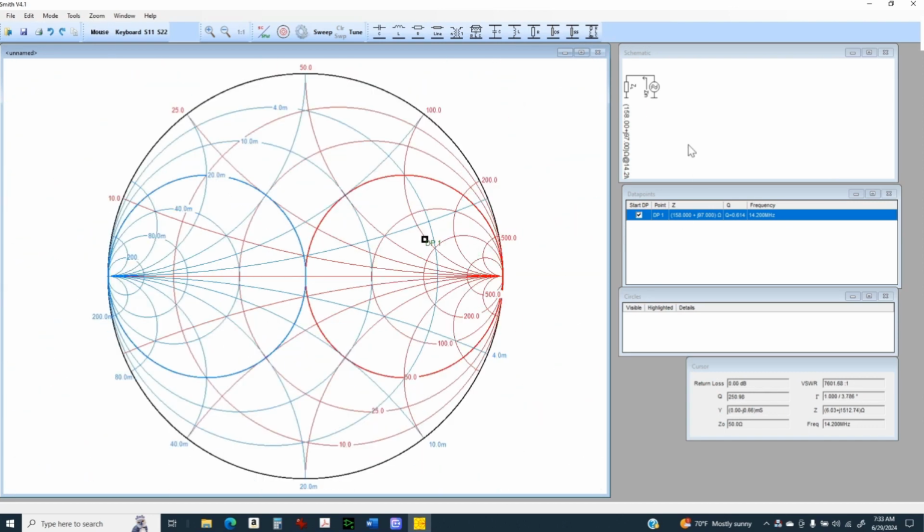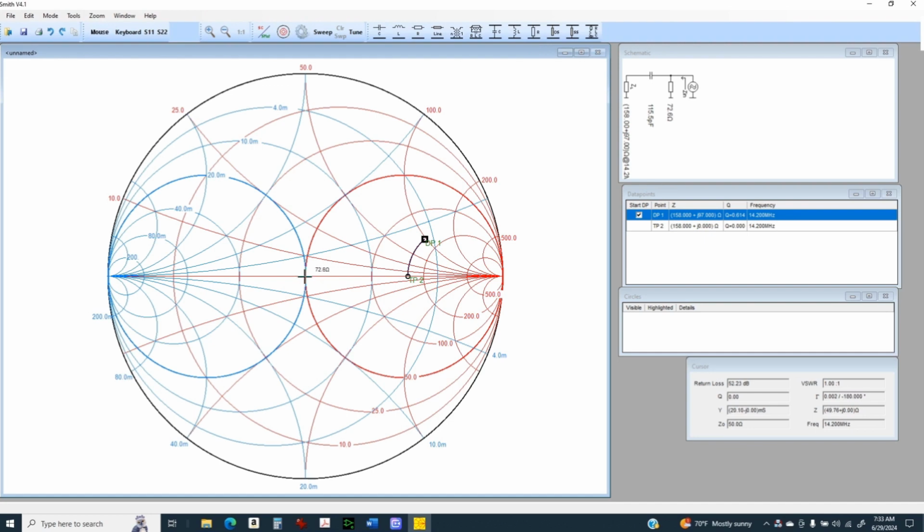Suppose we tried to start out with a series capacitor. A series capacitor, where would that take us? Why, that would take us around to the real axis, but not as far around. Now we would need again a shunt resistor. And now instead of 50 ohms, we need more.